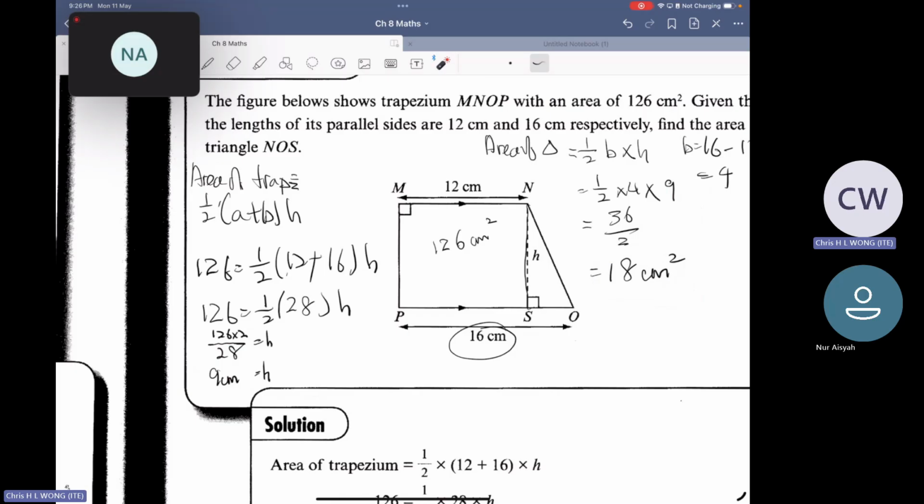And then I'm the marker, I will check back. Where is the mistake you make? How come the answer is wrong? You wrote 12 plus 16 is 30. I'll give you half the marks up here, half up there. But if you don't do your working, and h is 8 point something, for example, you don't give me any working, I can't give you any mark because I cannot check back.